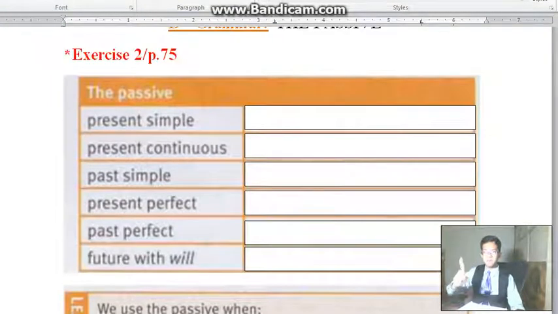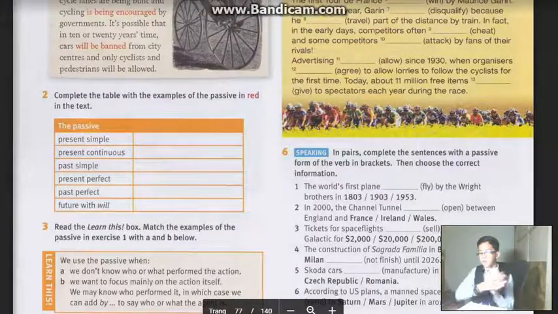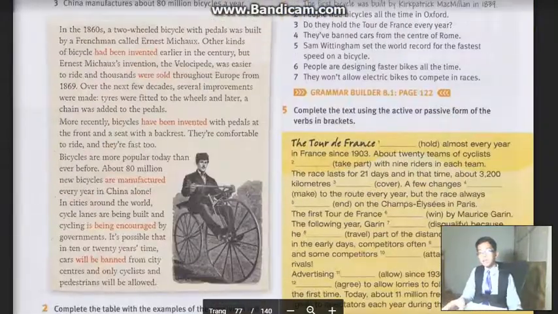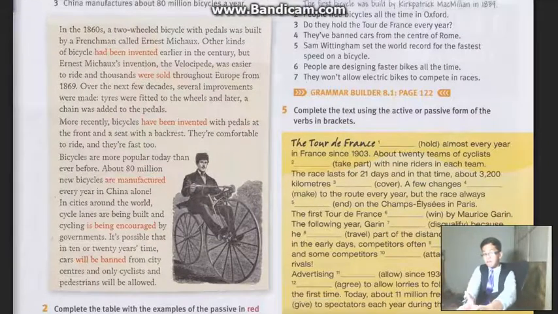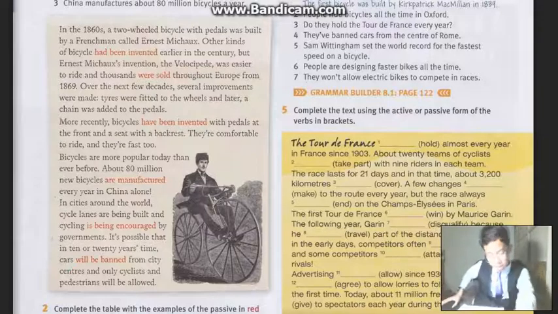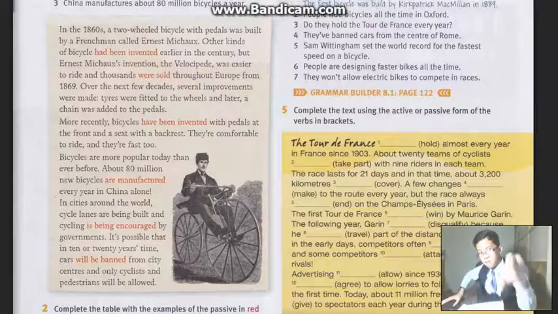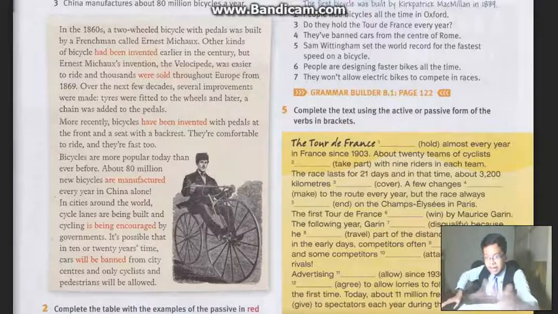Here, an example. For the present simple, you have known before that the structure is subject plus verb with s or es, then plus object. So now we'll find the verb be of that present simple. It is am, is, are. So you can see the sentence: about 80 million new bicycles are manufactured every year in China.